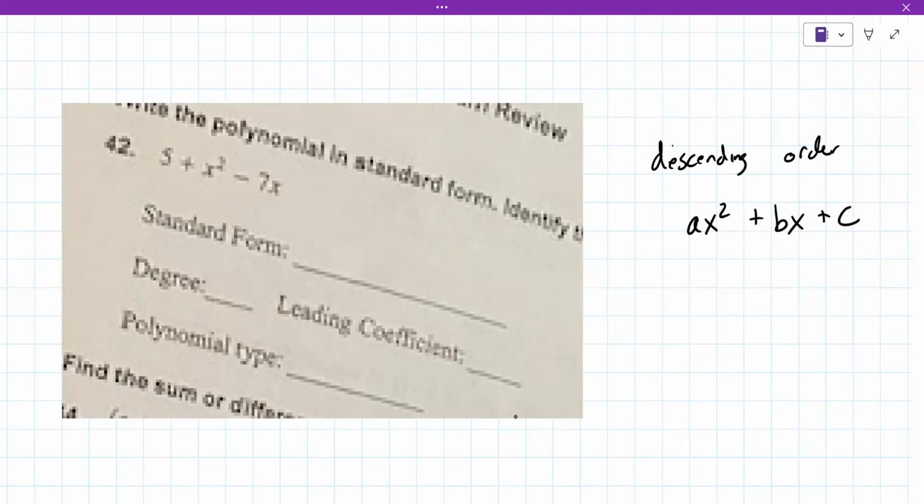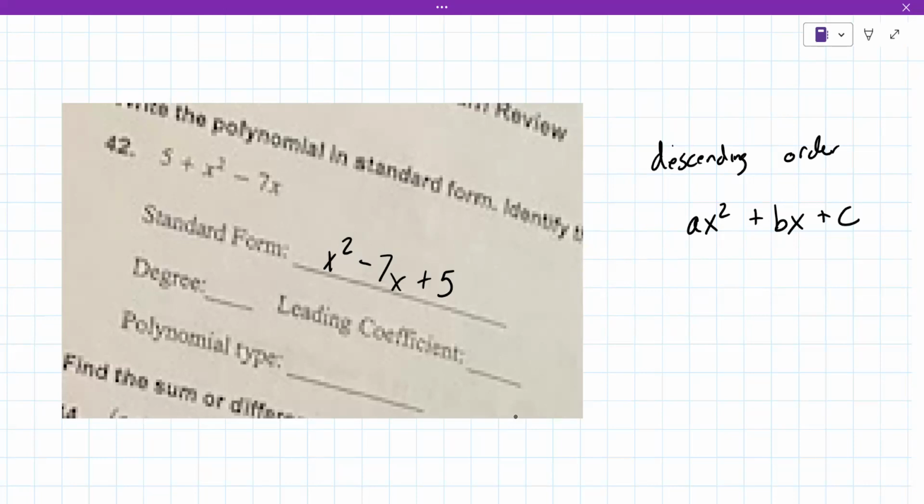For example here, it's x squared minus 7x plus 5. So that is standard form. You have to know how to write it this way in descending order.